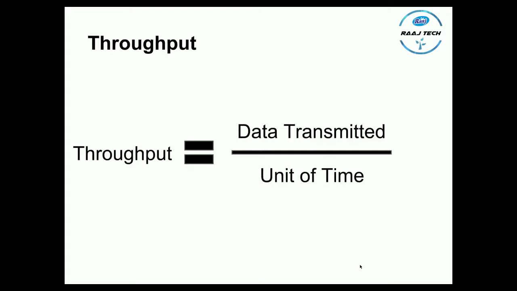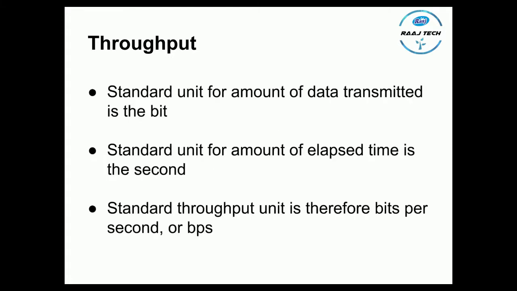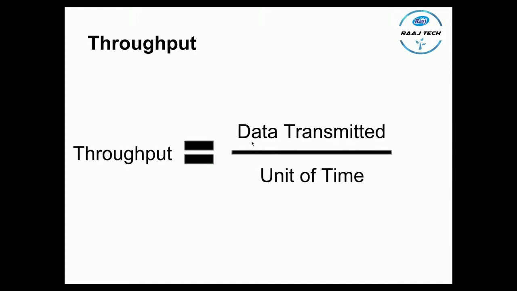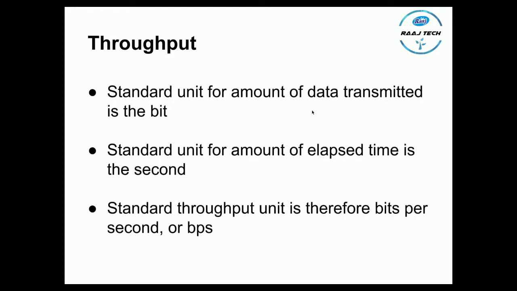So now that we have the fundamental unit of data, we can measure throughput. Throughput is a very simple equation. Throughput is equal to the amount of data that we transmit per unit time. So throughput is equal to the quantity of data transmitted, divided by whatever time unit we're using. The standard unit that we use for the numerator of this equation, the amount of data transmitted, is the bit.